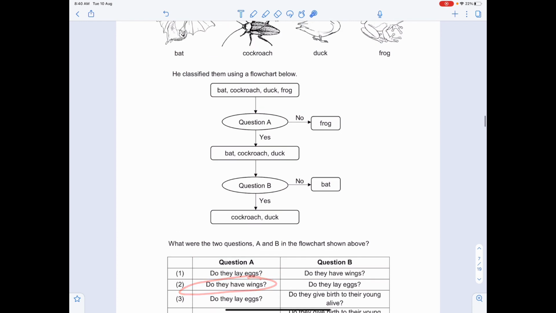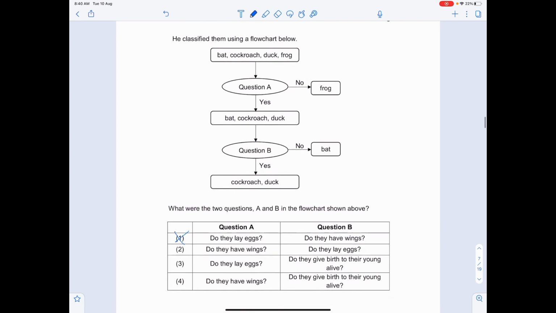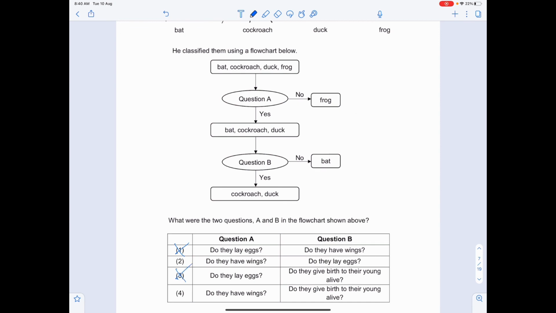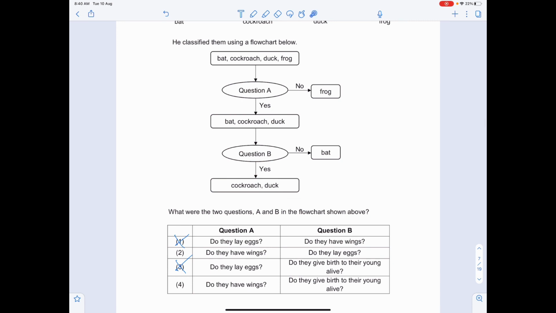Your bat has wings, your cockroach has wings, your birds have wings. The only one that does not have wings is your frog. So this is possible. So 1 we cross out, 2 we keep. Do they lay eggs? We know that this is crossed out. So we move on to question B.